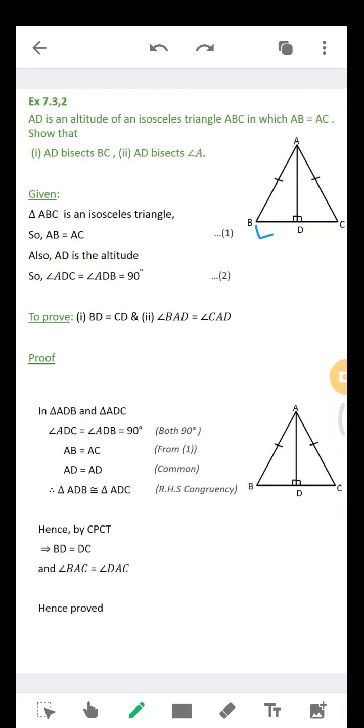So I can say BD is equal to DC by CPCT, and angle BAD is equal to angle CAD. We can say BAD, not BAC.